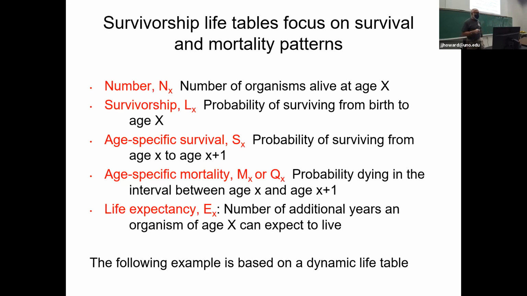And the final thing in the survivorship part is the life expectancy. And this is by far the most complicated part of the survivorship table. It's the number of years that an organism can expect to live, given that it has reached the age of X. So for humans, E50 would be the number of years that a 50-year-old could expect to live beyond the age of 50.